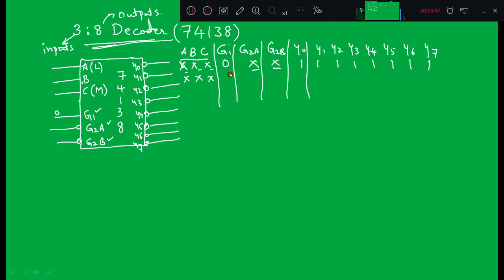Next, if I make G2A equal to 1, which is active low, then whatever the values of G1, G2B and ABC, the output will again remain high, right? I have written this truth table already when I converted the 74139 into a 3:8 decoder. But there I had written only the inputs and the corresponding enable pins, and now I am writing 3 inputs and 3 enable pins.